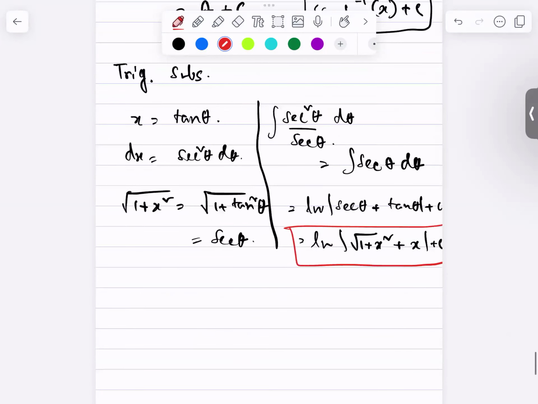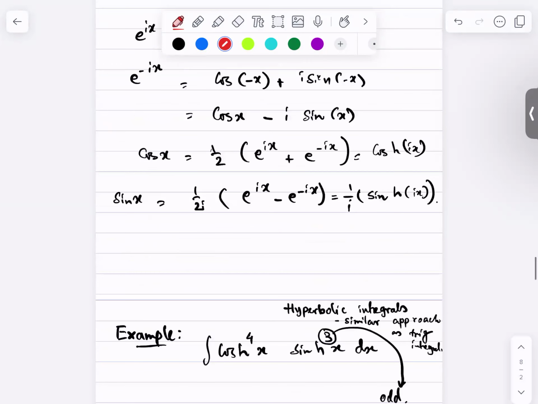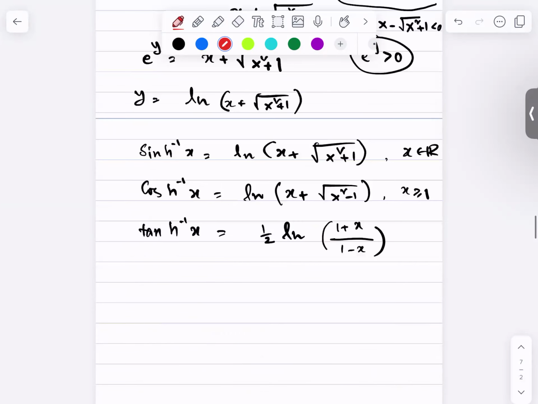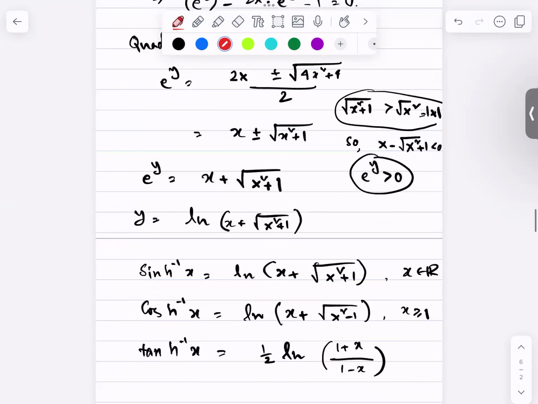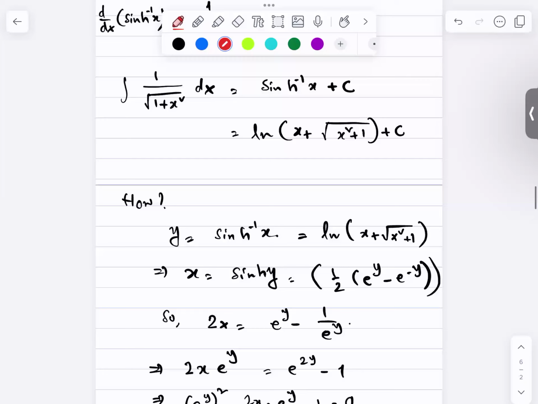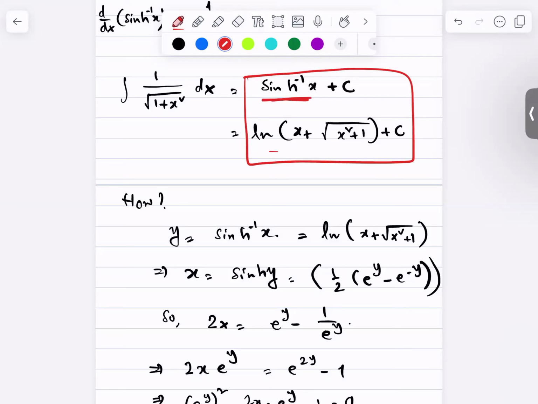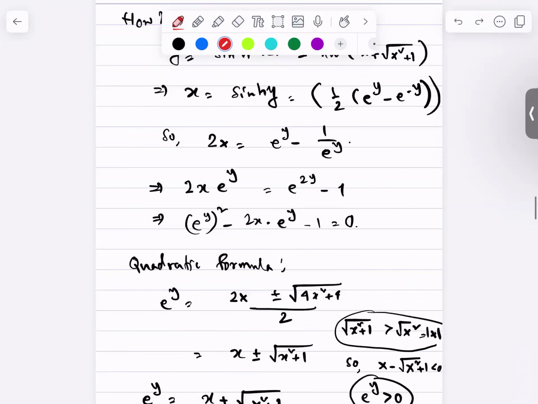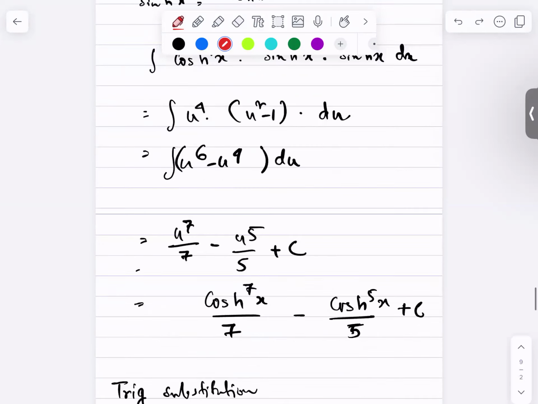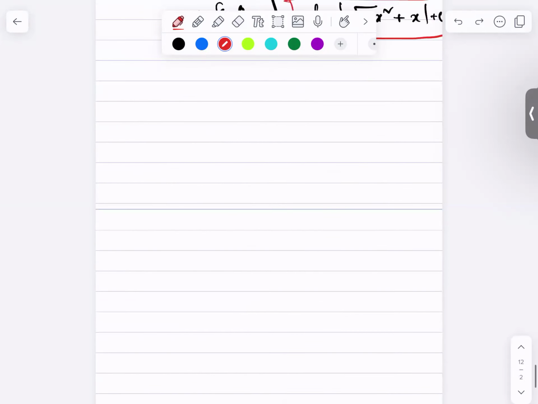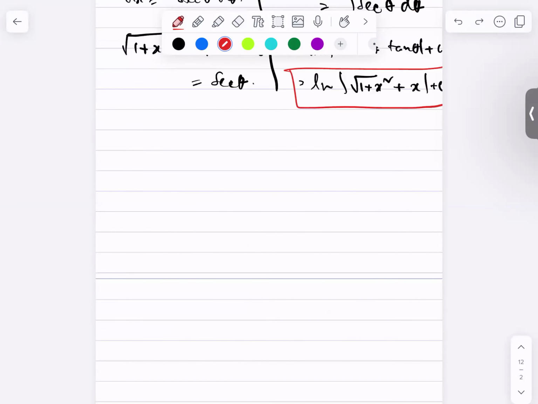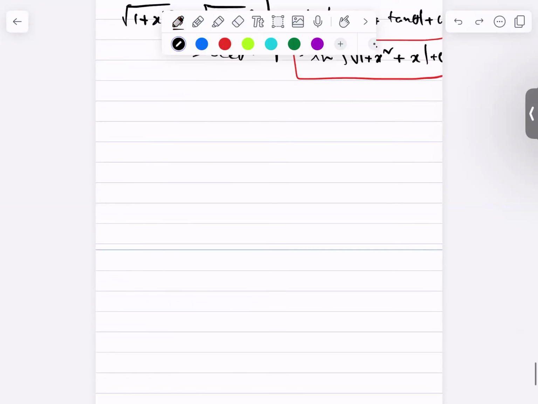But remember, somewhere I have proved that these two things are equal. Here, see, we have shown that these two things are equal. So hyperbolic x is same as that. So therefore, we are good. You can use the hyperbolic substitution and trigonometry substitutions. The answers are in sync.